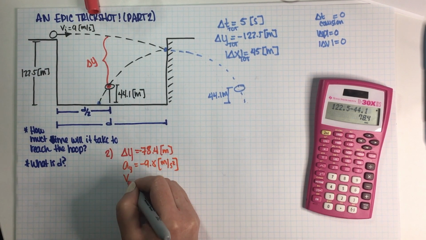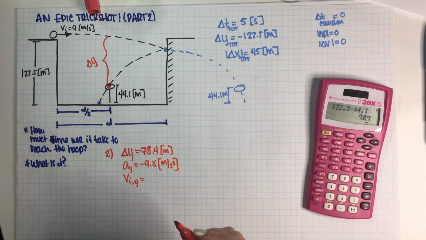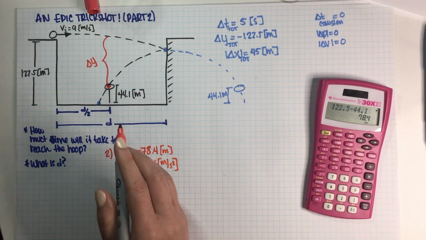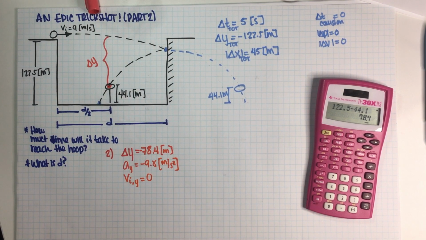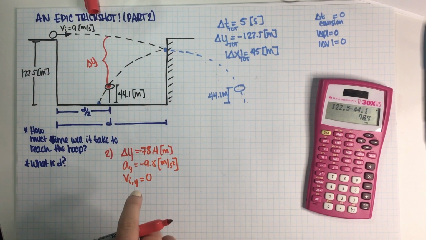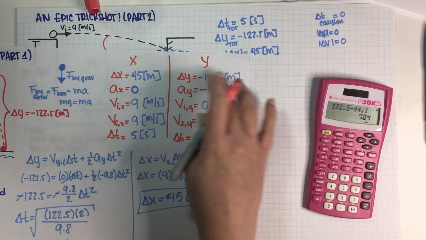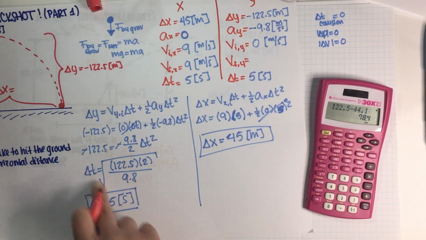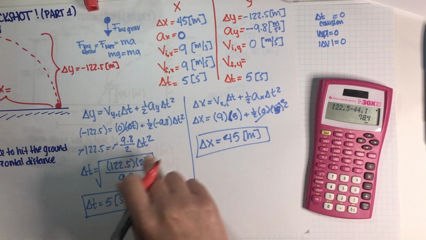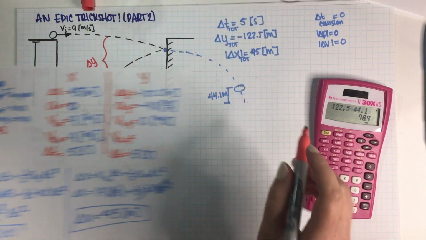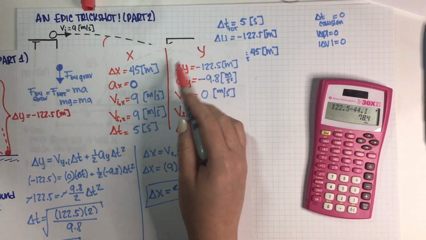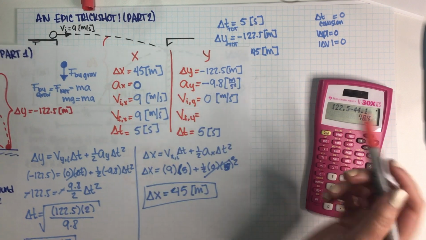My initial velocity is still 0 because that didn't really change. So I feel like with this we have enough information to just recalculate delta y in the exact same way, except now using a new delta y, we're going to get a new delta t.